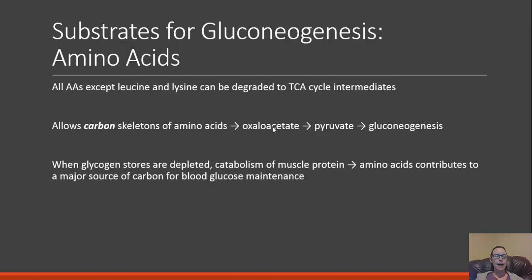So when we talk about which macronutrients these amino acids can be converted into, we use the term glucogenic, meaning they can be converted into intermediates of the TCA cycle, or the term ketogenic, which means that they can be utilized for fatty acid synthesis. Just leucine and lysine are strictly ketogenic, and all of the rest of the amino acids are at least somewhat glucogenic, though some of them can be both ketogenic and glucogenic.